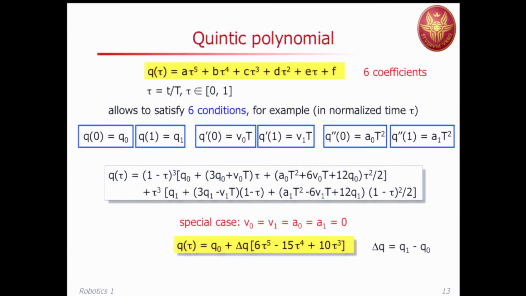For instance, we can impose the fact that on this polynomial normalized in time, we start at t0 in q0, at t equal capital T, or equivalently tau equal 1, we should be in q1, so the final point. And then we have some initial velocity v0 and final velocity v1 and acceleration a0 and final acceleration a1.